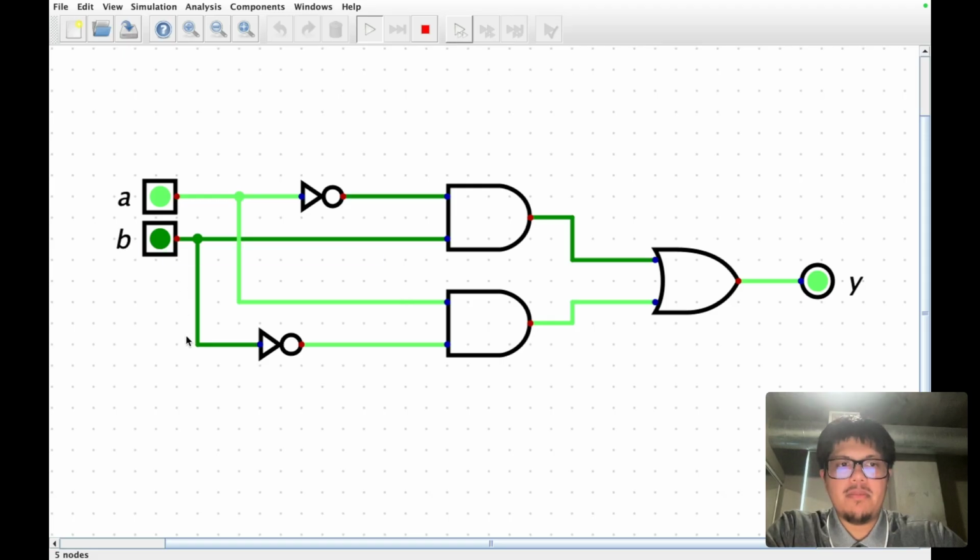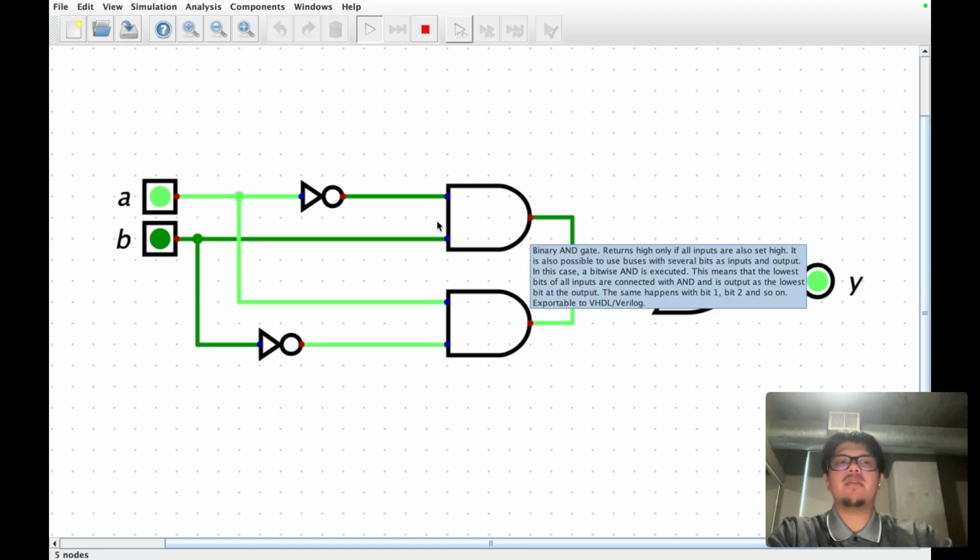This B input goes as a value of 0, goes through the inverter, and now it turns into 1. 1 and 1 in an AND gate would equal 1. In an OR gate, in order for the output to be true or 1, at least one of the inputs has to be 1. And we can see here that 0 and 1 result into 1, in which the Y output would result in a light green.